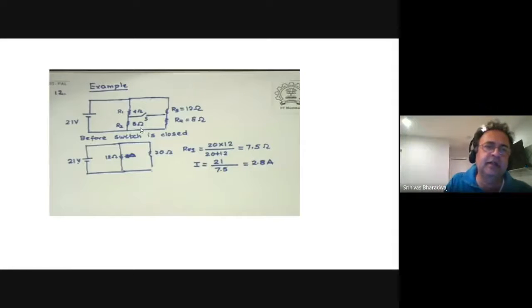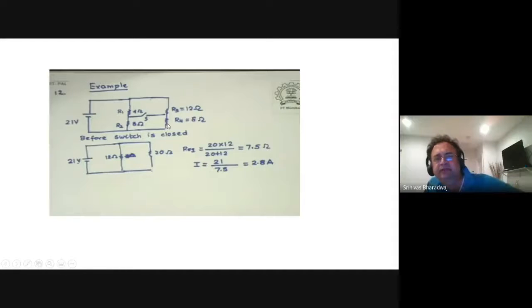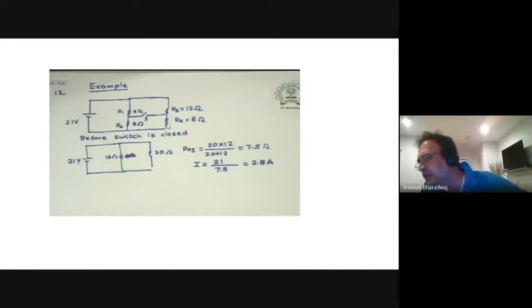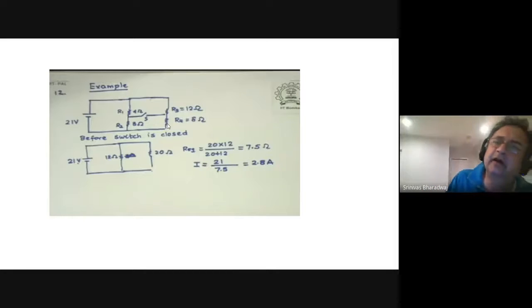In this case, we said that the effective resistance was 7, and the current is 3. Therefore, the total power is I square R, so 3 square is 9 times 7.